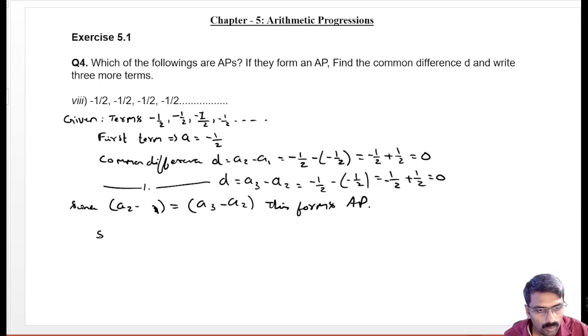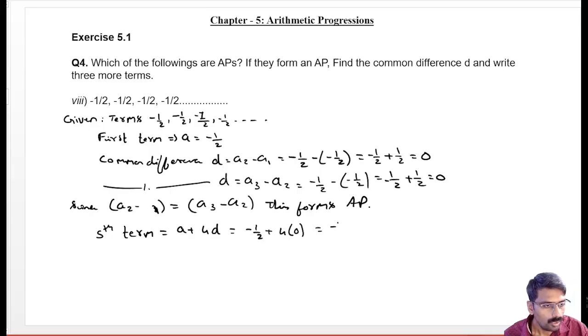And fifth term, so we need to find three terms. Fifth term is equal to a plus 4 times d, that is equal to minus 1 by 2 plus 4 into 0, which is equal to minus 1 by 2.